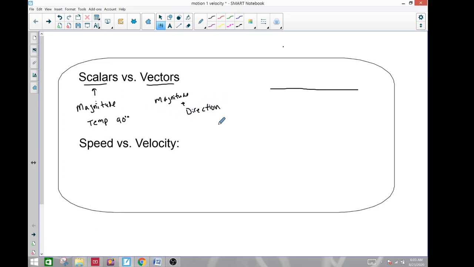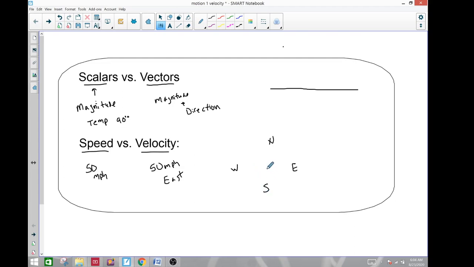A good example of this would be velocity. Speed is literally going 50 mph, miles per hour, where velocity would do more than that. It would be 50 miles per hour east. So this is north, this is east, this is west, and this is south.